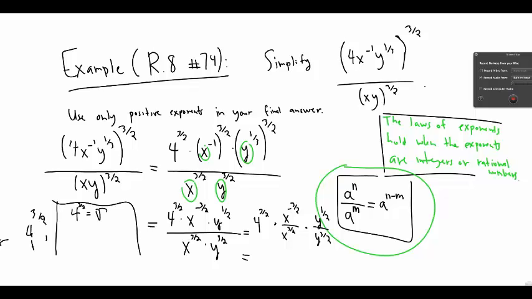Try the square root of 4 all cubed. It's 2 cubed, which is 8. We didn't do this over here. So this is 8.